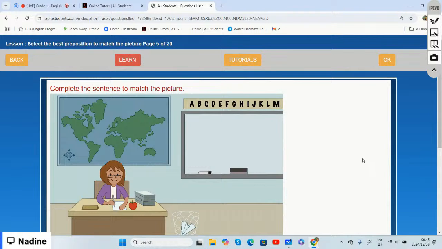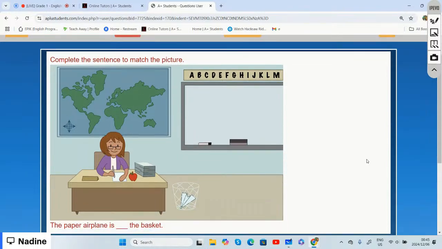And if we were to select the sentence to match the picture, we need to complete the sentence that matches the picture.